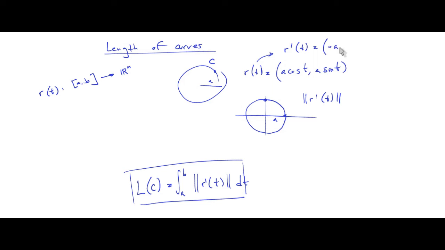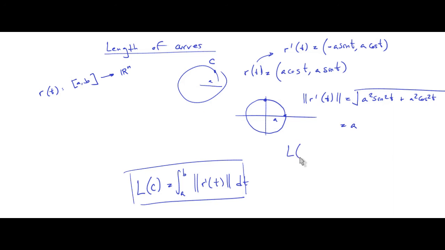So this is minus a sine of t, a cosine of t. The norm of this is the square root of a squared sine squared of t plus a squared cosine squared of t. Sine squared plus cosine squared is 1, you get a common factor a squared, so this is just a.